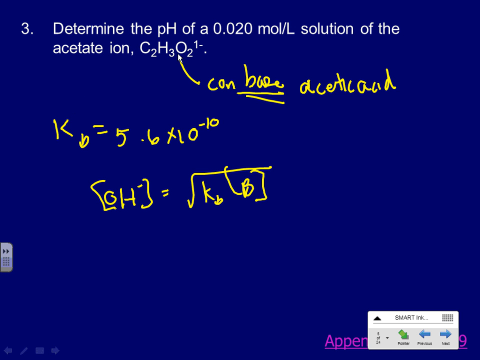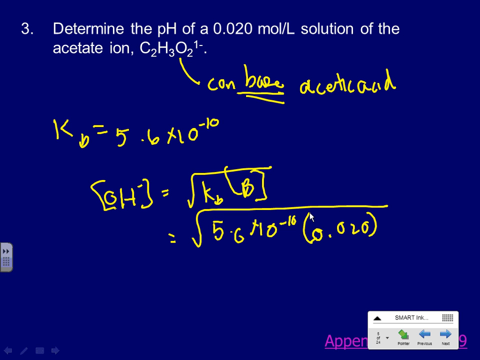It's going to be the root of 5.6 times 10 to the minus 10 times 0.020. And I believe we did that value.